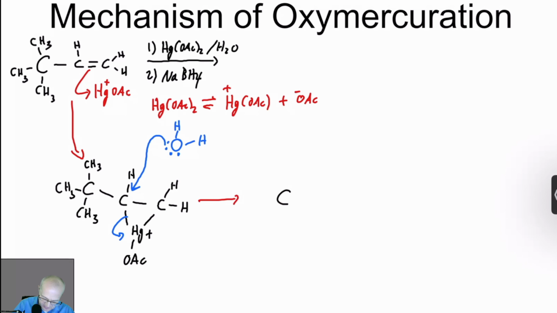Now notice what hasn't happened. We have not seen a carbocation. We saw a positive mercury, however, but no open distinct carbocation. There we go.